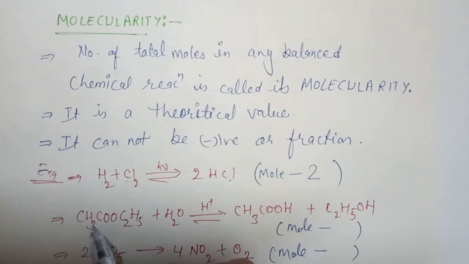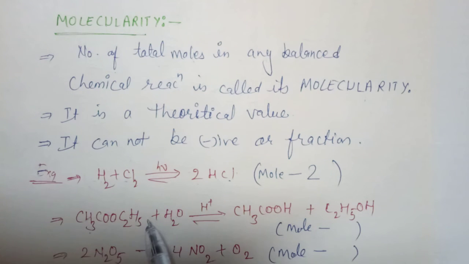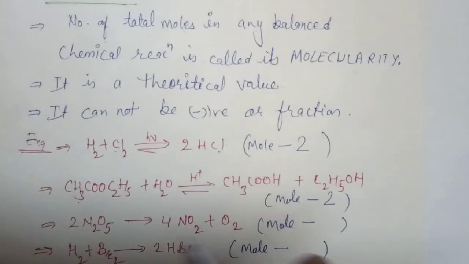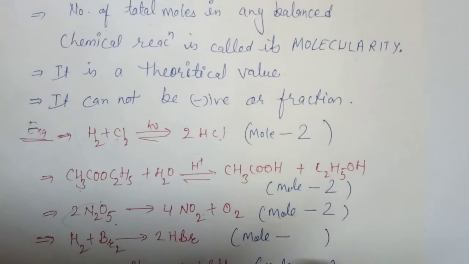Second example, hydrolysis of ester, 1 and 1. 2 molecules take part in this reaction, so its molecularity is also 2. 2 N2O5 is equal to 4 NO2 plus O2. Here also 2 molecules are taking part, so its molecularity is also 2.